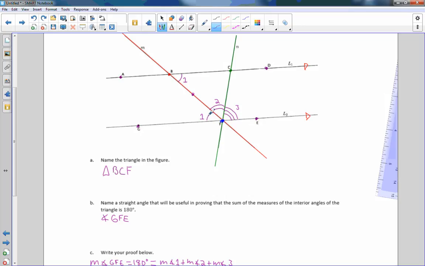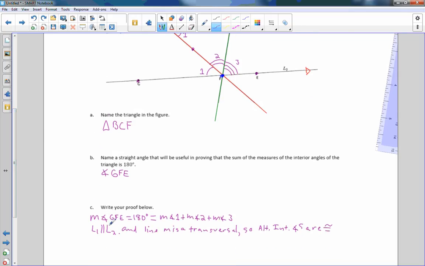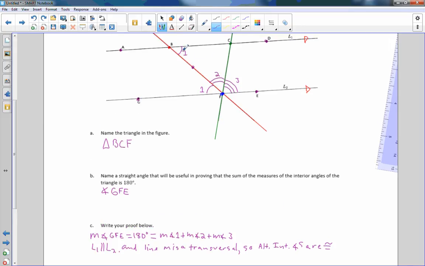Rotation preserves angle measures, so they are congruent. So L1 is parallel to L2, and line M is a transversal, so alternate interior angles are congruent. That proves that this angle 1 is congruent to that angle 1.